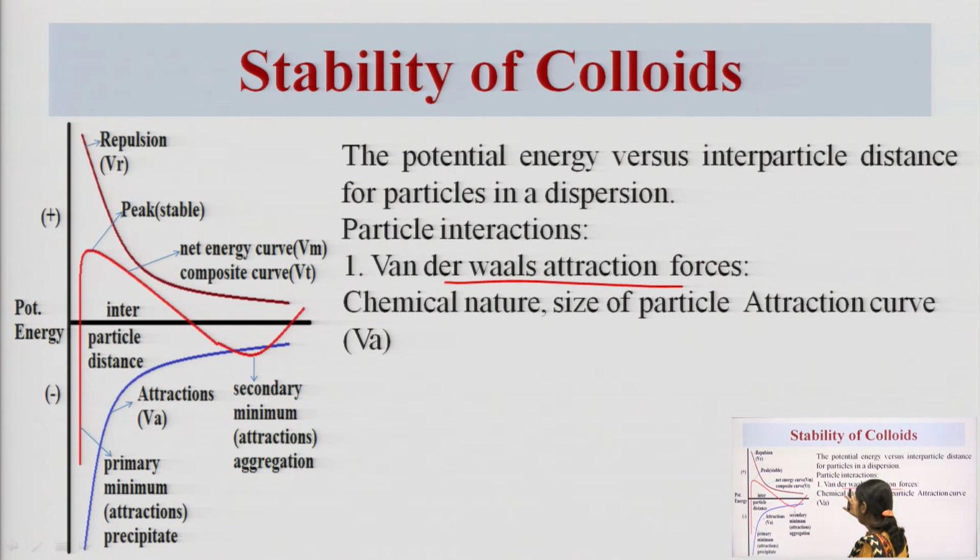The first is the attraction force. This van der Waals force of attraction depends on the chemical nature and size of the particle, and this VA represents your attraction curve.